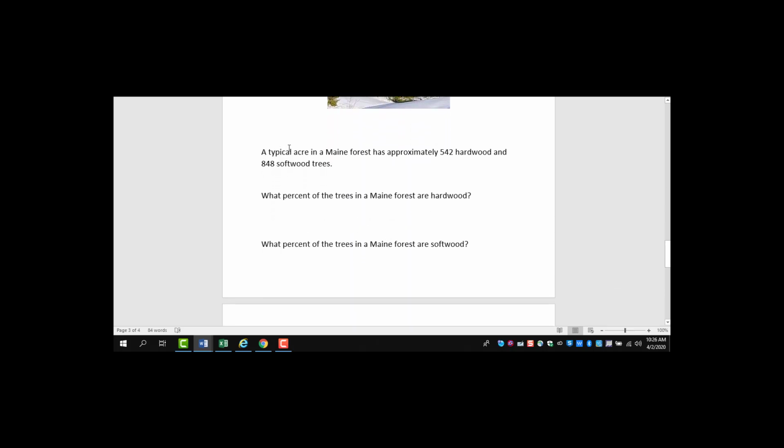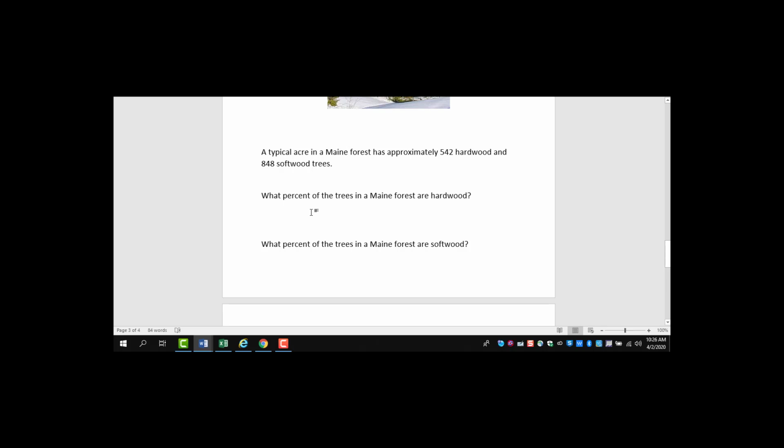So it says a typical acre in a Maine forest has approximately 542 hardwood and 848 softwood trees. What percent of the trees in a Maine forest are hardwood? Okay. This is really the same problem as 2 boys to 3 girls.